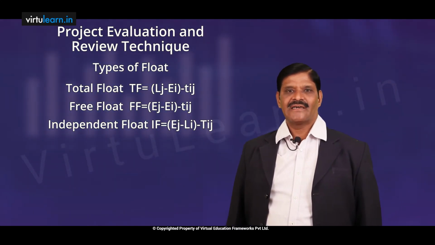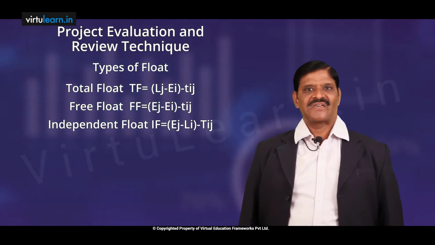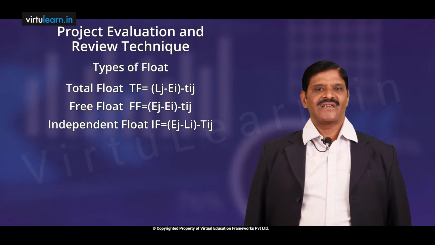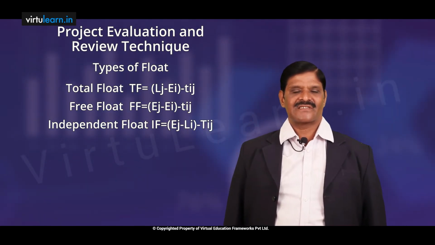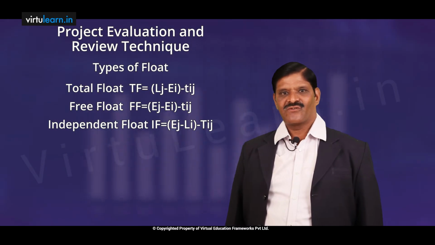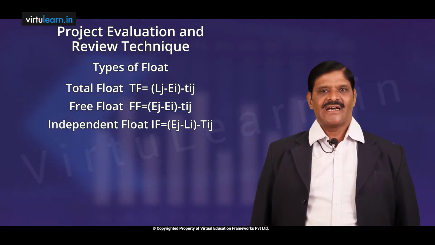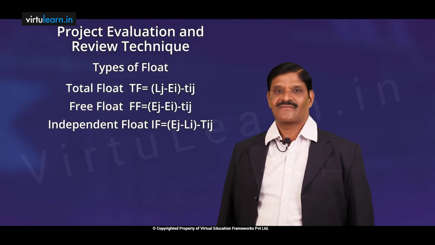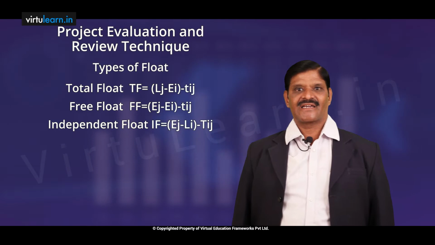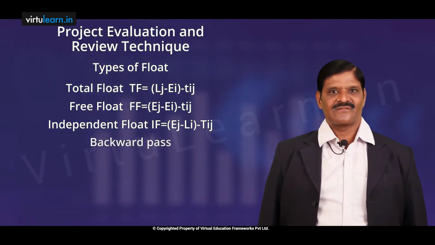So, while trying to get the float, we have two methods to find out the float. That means when we are starting from backwards, we start from the end of the project and move towards the starting point of the project, and we try to find out what is the flexibility associated with each of the activity lying on that particular path, which is known as backward pass.